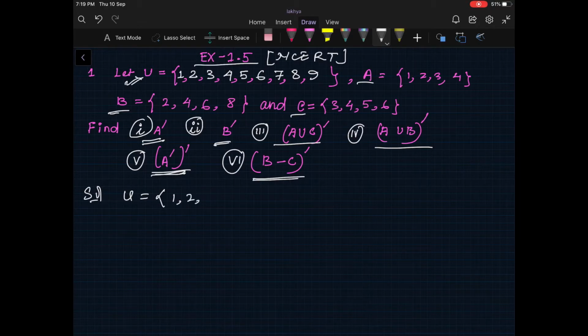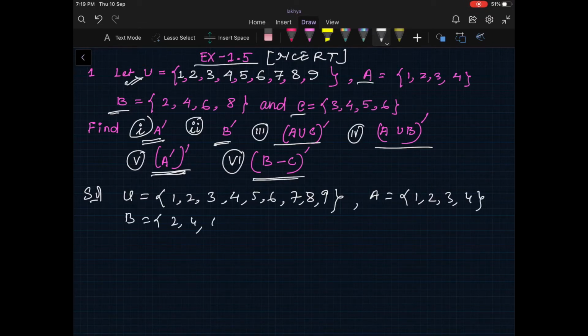Universal set U contains 1, 2, 3, 4, 5, 6, 7, 8 and 9. Then set A contains 1, 2, 3, 4. Then set B contains 2, 4, 6, 8. Then C contains 3, 4, 5, 6. Okay, so these are the sets given.